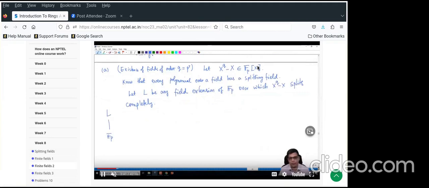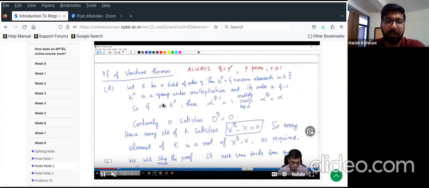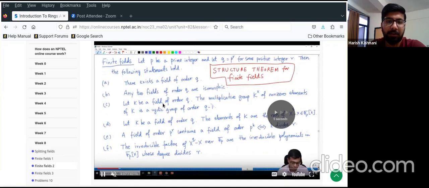So he is considering the splitting field of this polynomial, the field where this polynomial splits completely into linear factors.